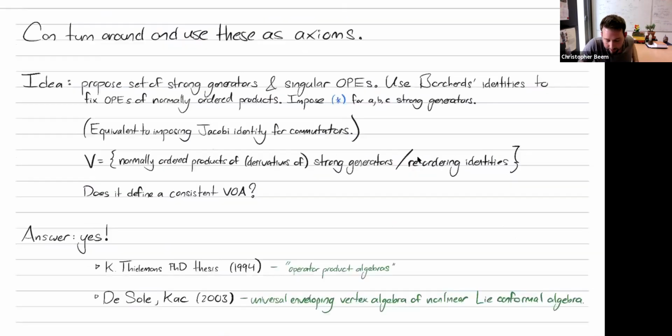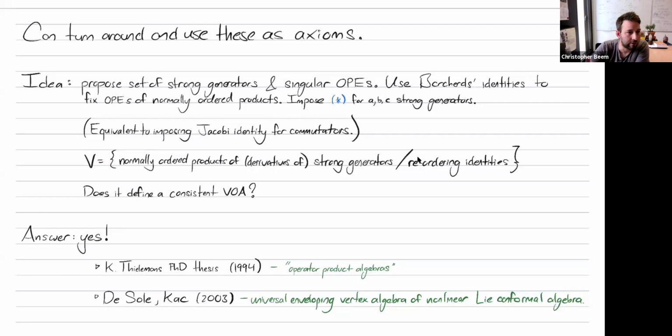And that way of reconfiguring the order of things can be turned around and used as a different set of axioms, which is much more useful if you're trying to construct strongly finitely generated vertex operator algebras. And the idea is to propose a set of strong generators.